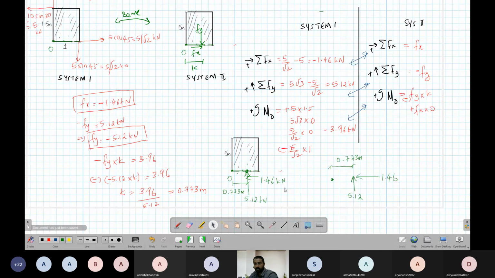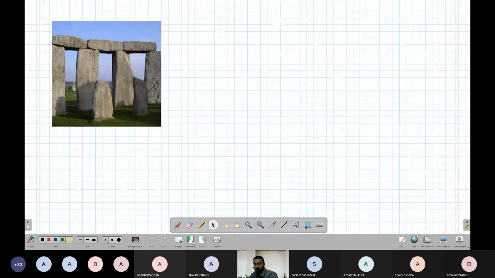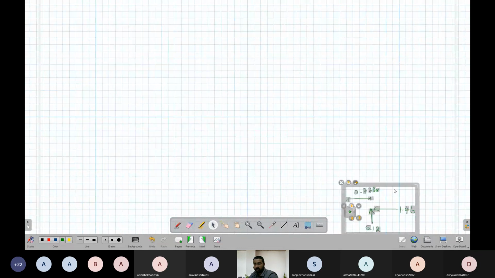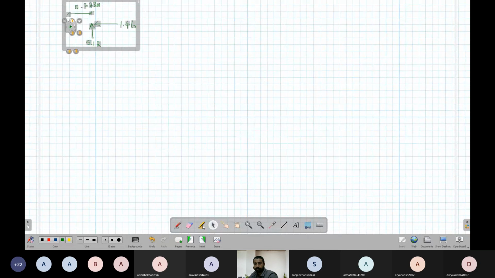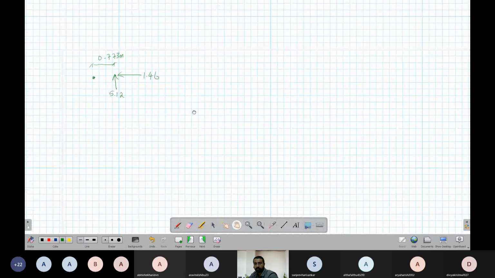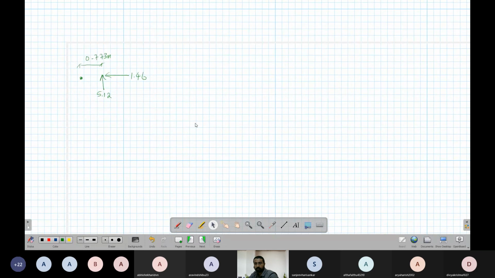Your answer is complete. Let's take it here. We have two forces, one in this direction, 5.12, and one in this direction, 1.46. We have to find the resultant, which will be in some direction with some angle theta.